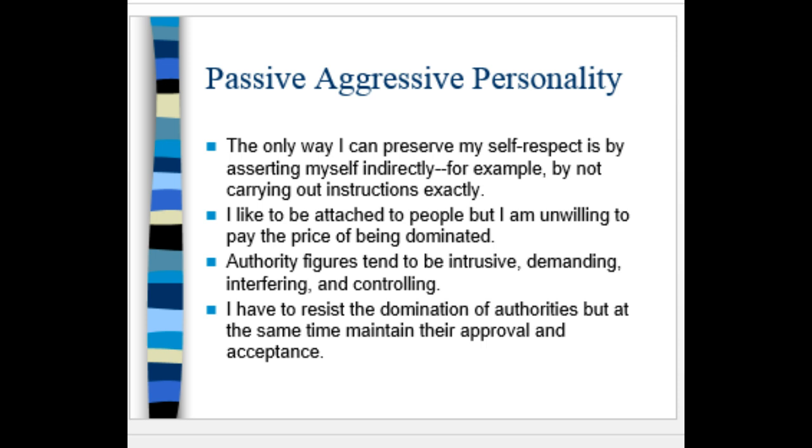Authority figures, they are intrusive, they are demanding, interfering, and controlling. Authority figures and our response to them depends upon our own experiences of life. Everyone from time to time thinks of an authority figure as being demanding, intrusive, interfering, and controlling, but that doesn't mean that we continually think that.